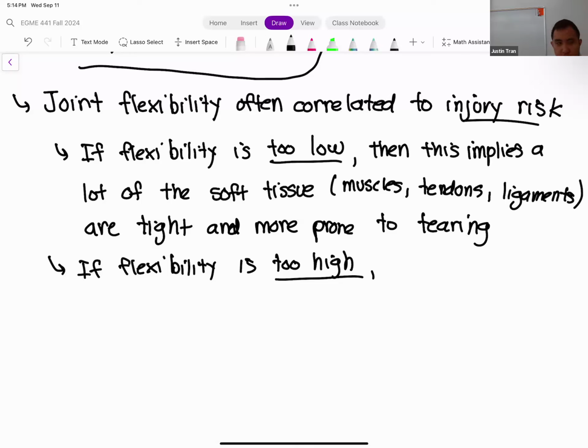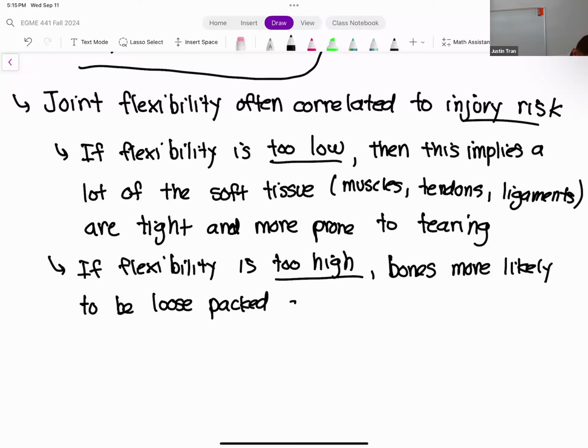And so in these situations, your bones may be put in very unstable positions, very loose packed configurations. And the main risk at that point is dislocations.